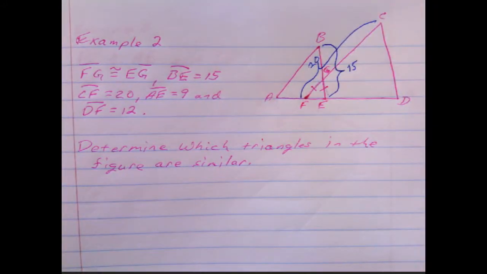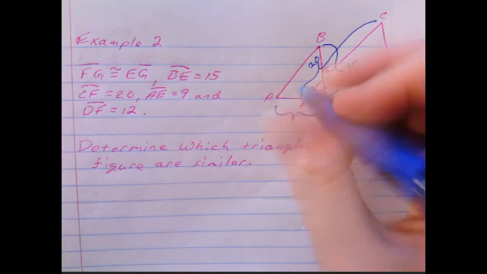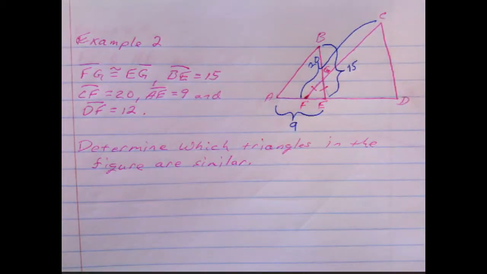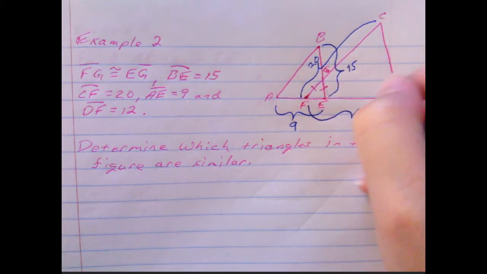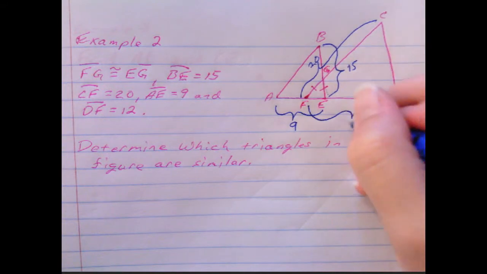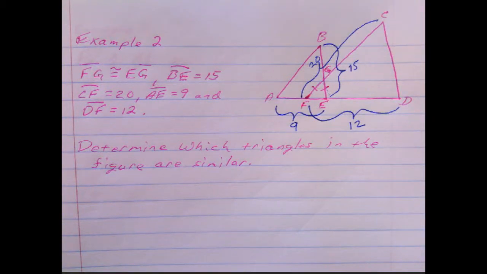They said AE goes across here is 9, and DF, which goes across here, is 12. Okay, so we're looking to see which triangles we can prove being similar.